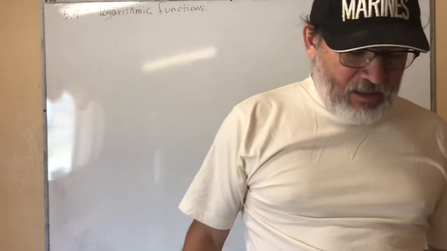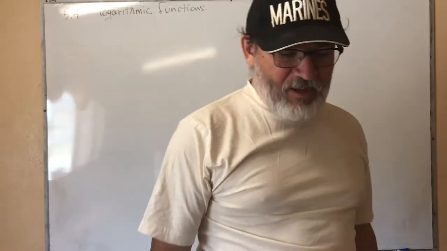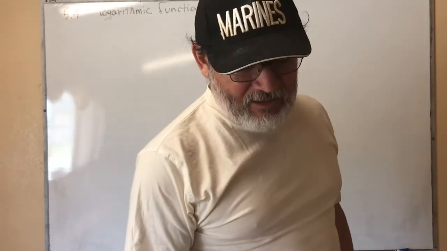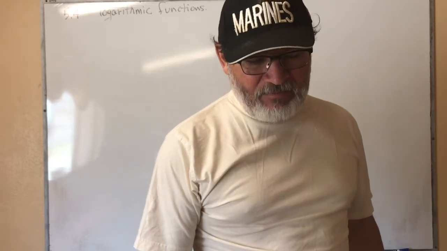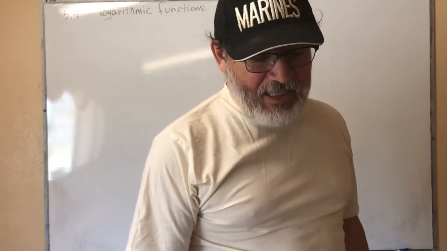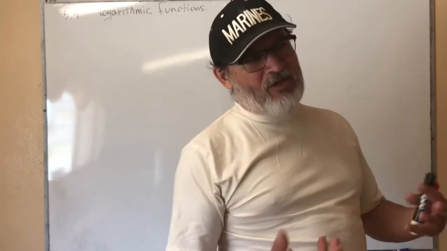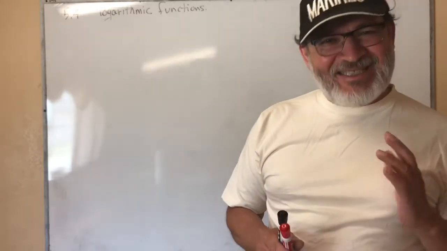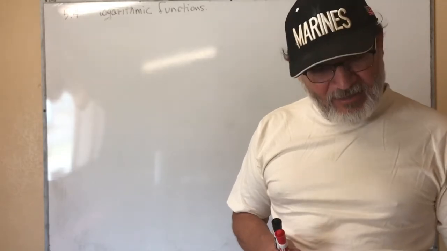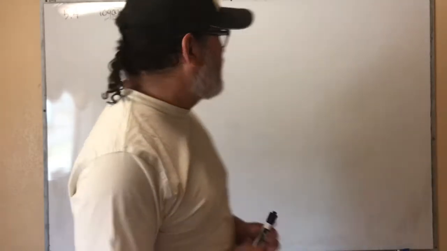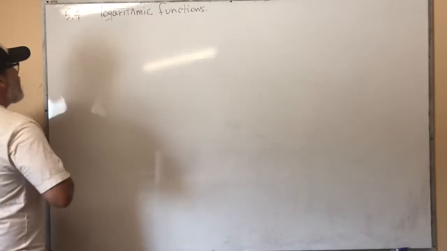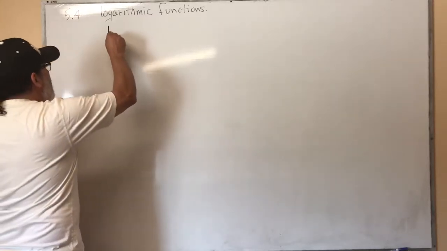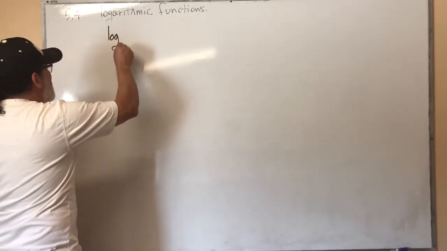It says, the common logarithm of a positive number x, denoted by log x, is defined by, okay, so here what they're saying is the log base 10 of x.